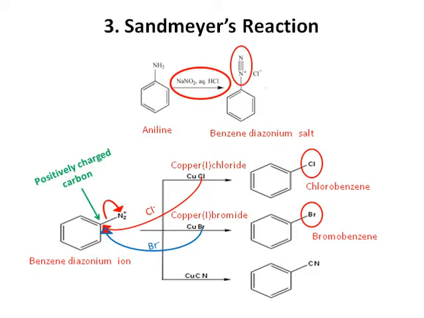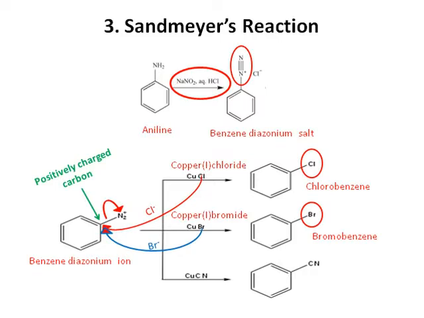So actually due to the presence of this diazonium ion, the carbon nitrogen bond becomes polarized. Now this chlorobenzene and bromobenzene are of your interest because they are in your syllabus.